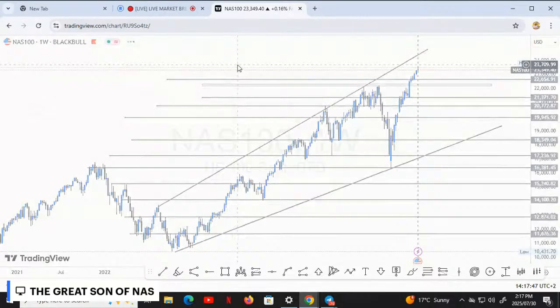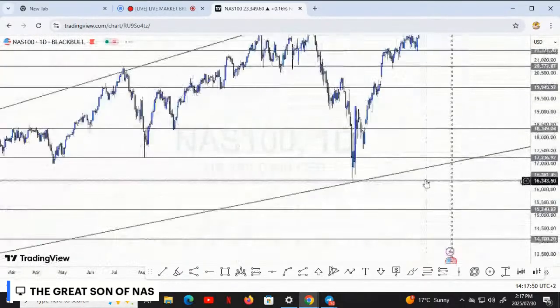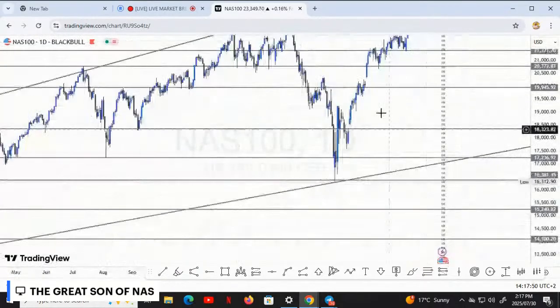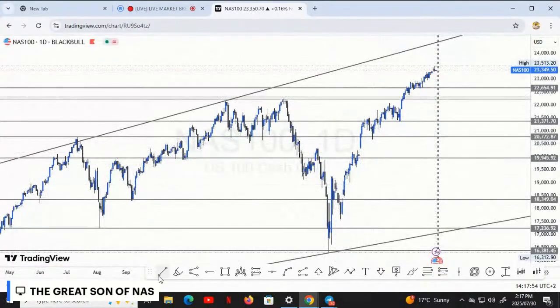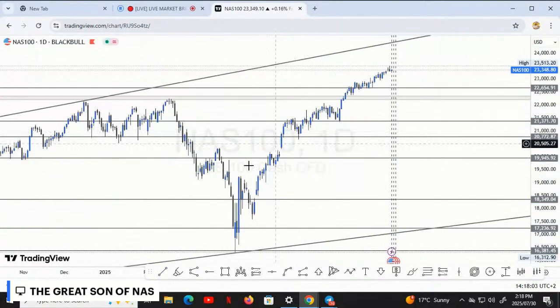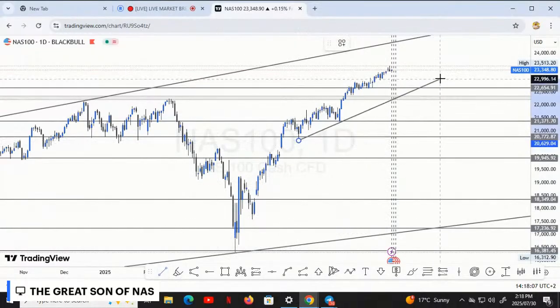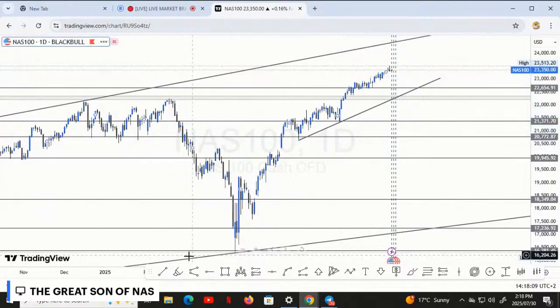Let's switch to the one time frame. On our one, what we have to do here is identify the trend that has been happening currently.